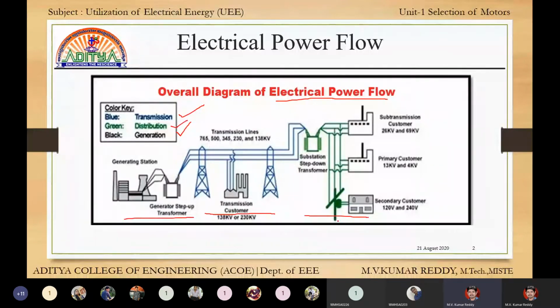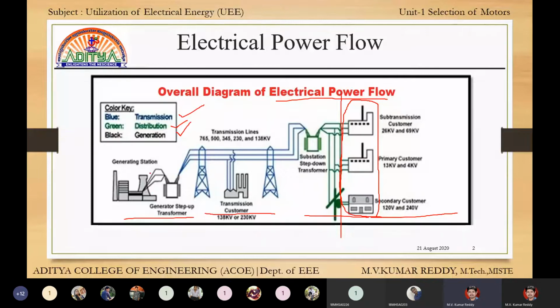The fourth one is utilization. After this green, everything is called utilization. That fourth stage of power flow is called utilization of electrical energy.